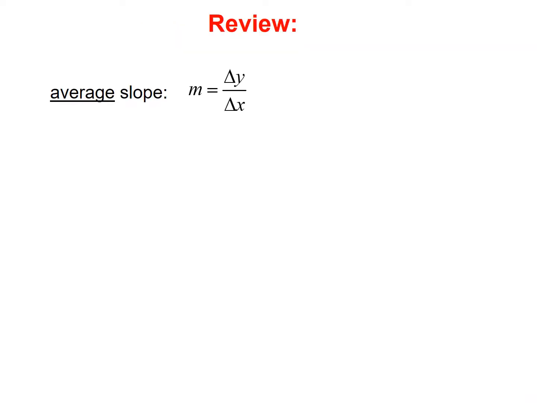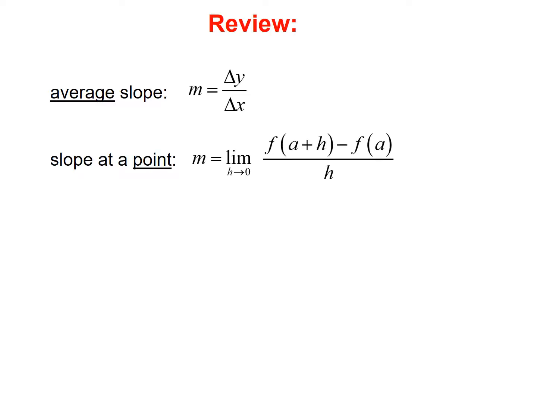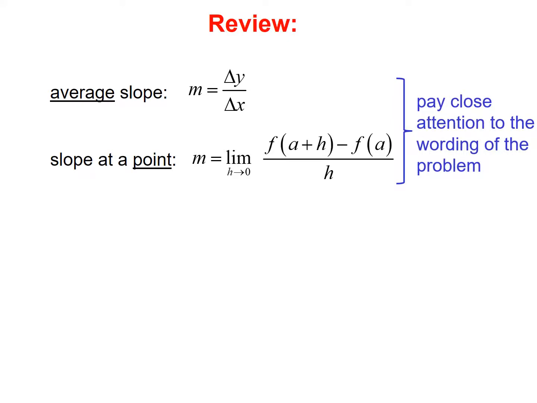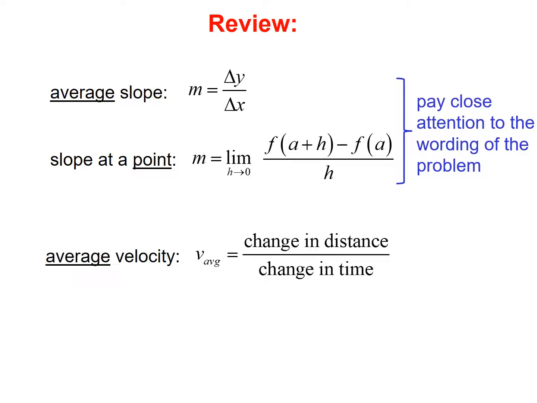So some review of today and the lesson we had a few days ago on finding velocity. Average slope is change in y over change in x; slope at a point is the limit of the difference quotient. And just be really careful whether you're looking for average slope or slope at a point. That difference in wording makes a huge difference.